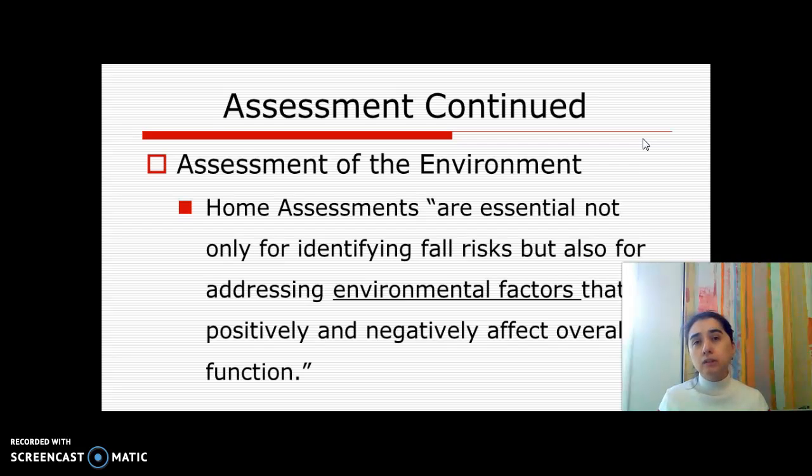You look for clutter on the floor. You look for sufficient warmth or coolness of the apartment or the house. You look if the temperature is adequate in the refrigerator, so the food will not become bad and rotten. All this is taken into consideration, as well as the use of assistive devices and equipment.